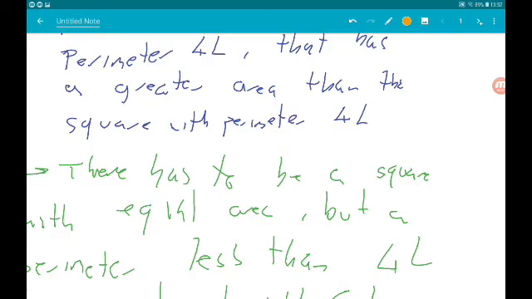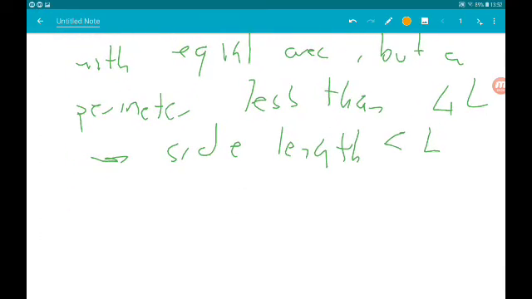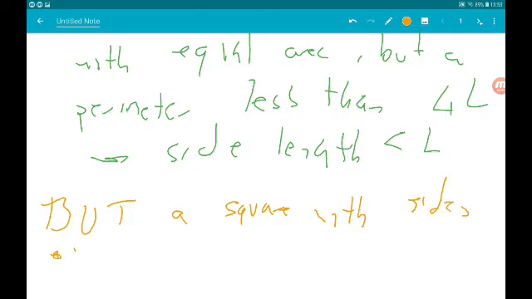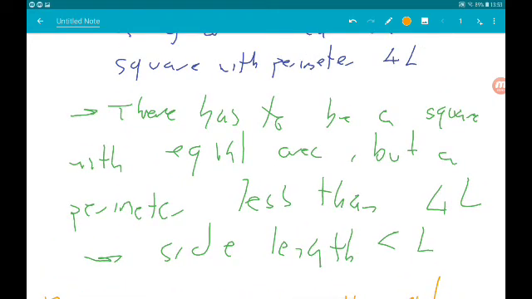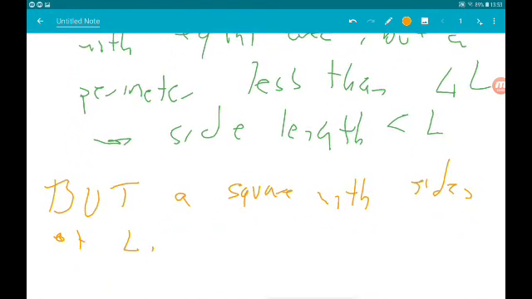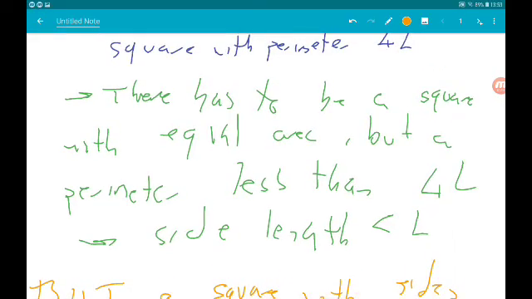That seems a bit fishy though, because we can say but a square with sides of L, so bigger sides than this square that we just talked about, has a perimeter of 4L and a greater area than this square that was supposed to have the same area as the rectangle.